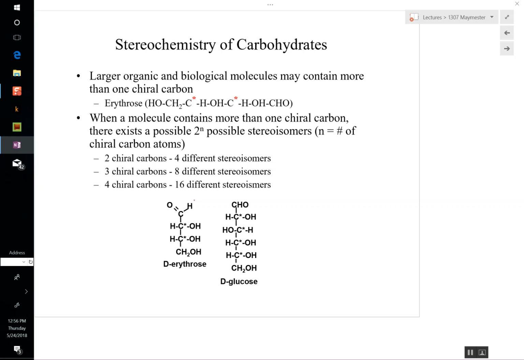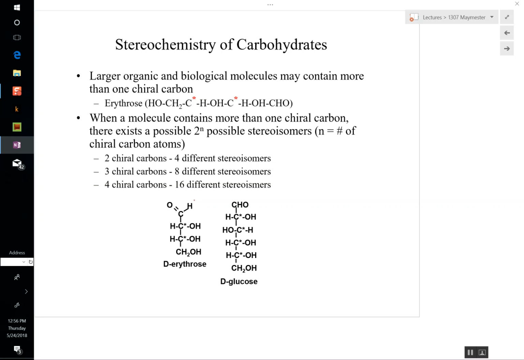L for left. So look at the bottom carbon, it is a CH2OH group. Come up one carbon, and if you have arranged that vertically, the bottom of your glucose molecule, this is carbon number 5 for you, because it'd be 1, 2, 3, 4, 5, 6 on glucose.